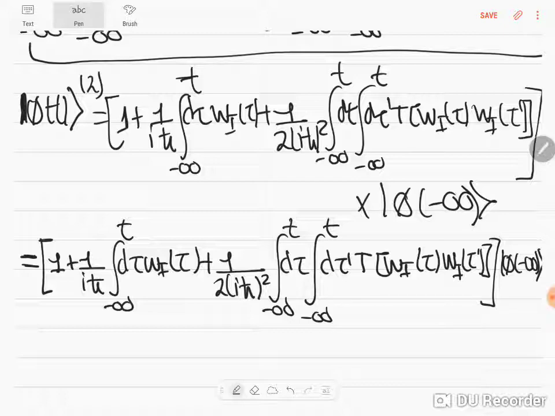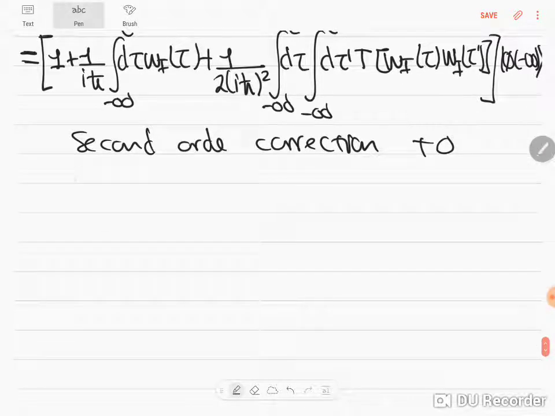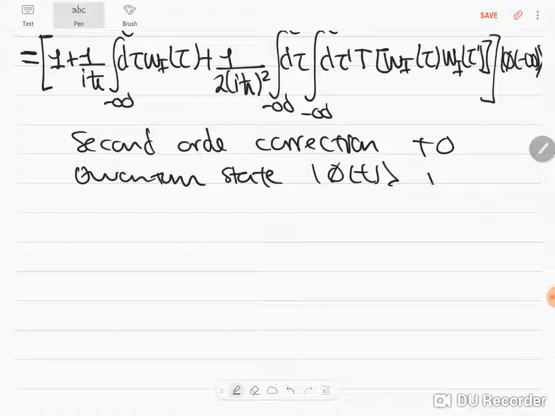Okay, and so this is the second order correction to the quantum state psi of t in the interaction picture.